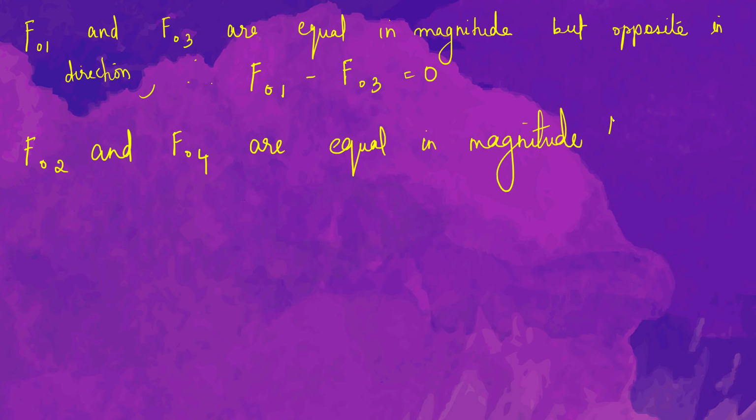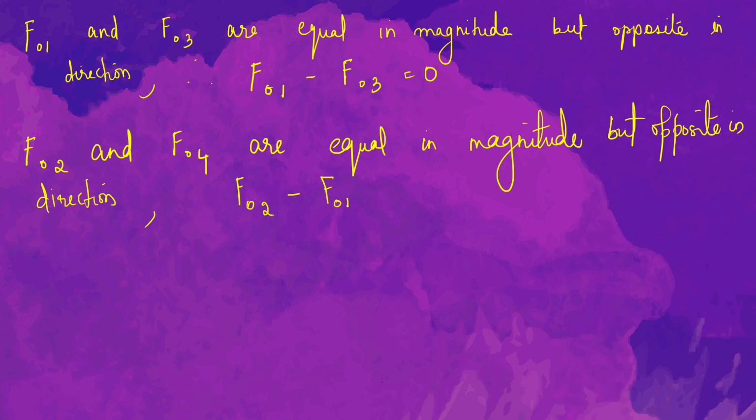Now F02 and F04 are equal in magnitude, but they are again, like the previous case, opposite in direction. So we can say F02 minus F04 is 0.